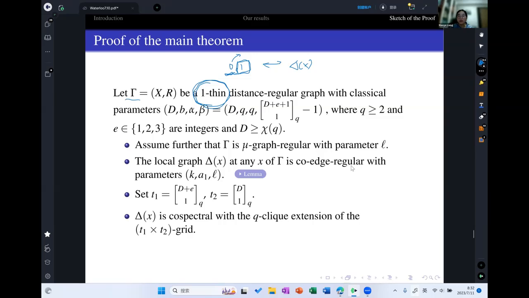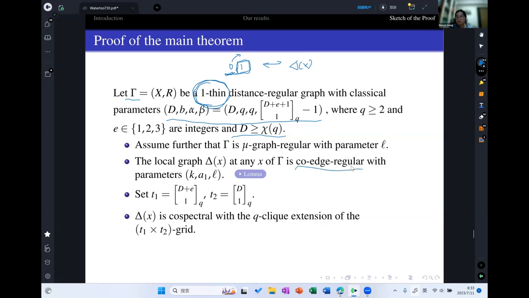So here gamma is a thin distance regular graph with these classical parameters, and we assume D is greater than Q. We assume first gamma is mu graph regular, then we can show this local graph of gamma is co-edge regular.